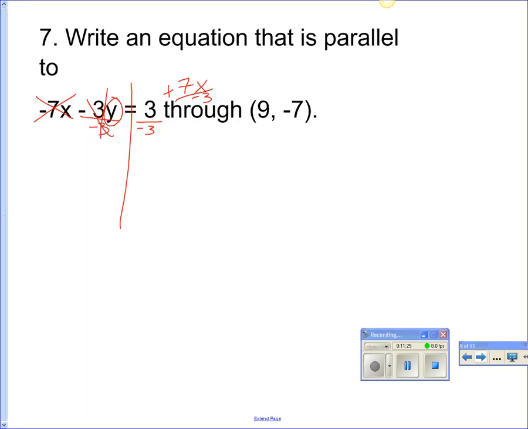All right, so Mary, what is the slope of my line? Slope is always with the x, so 7 over negative 3 is my slope. Andrew, what's the key word in this question?